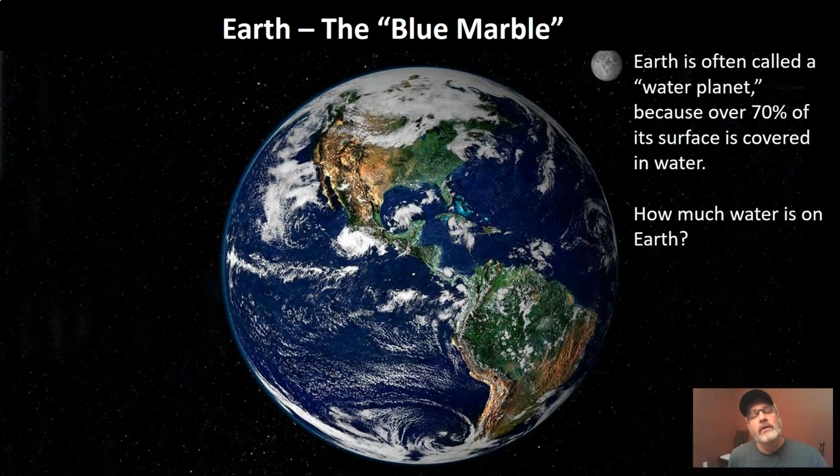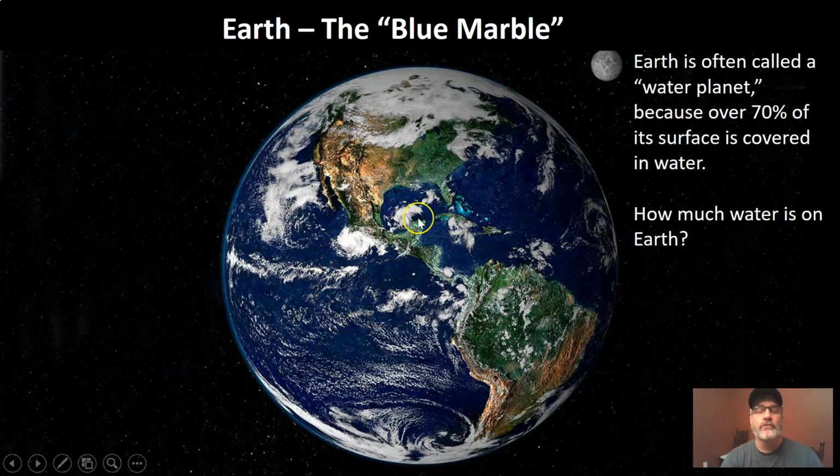To start with, when we look at planet Earth from space, it is sometimes called the blue marble because all the swirls on it and all the colors make it look a little bit like a marble. Earth is often also called a water planet. Now, that doesn't mean it's a planet made entirely of water, but it's because our planet has a lot of water.